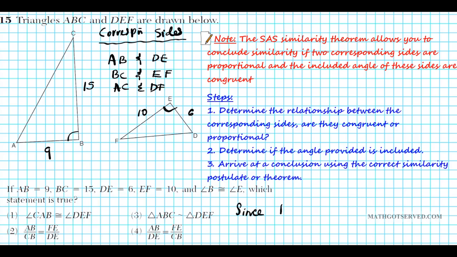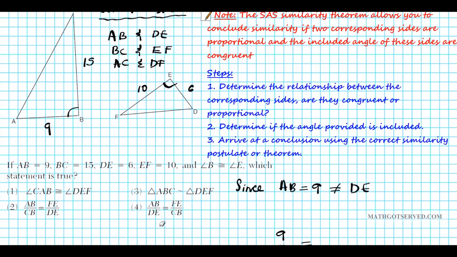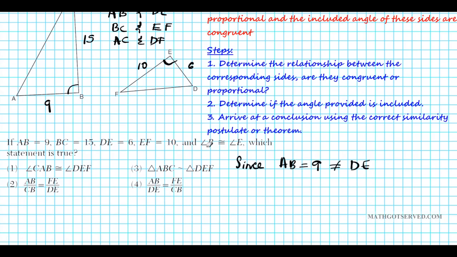Since AB is equal to 9, which is not equal to the corresponding side on the other triangle, we can conclude that corresponding sides are not congruent. So let's write down our conclusion. Corresponding sides are not congruent.